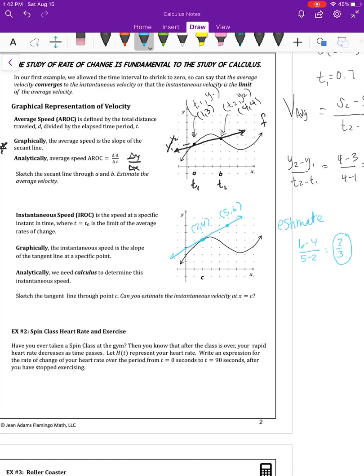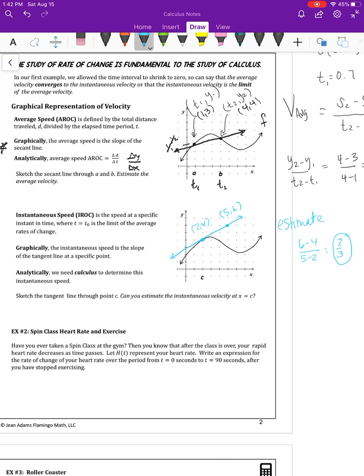And again, at C is 1, 2, 1, 2, 3, 4. So that's at the point 2, comma 4. So I'm estimating it for the instantaneous rate of change at 2, because my C would be 2 if my tick marks were just for one unit.